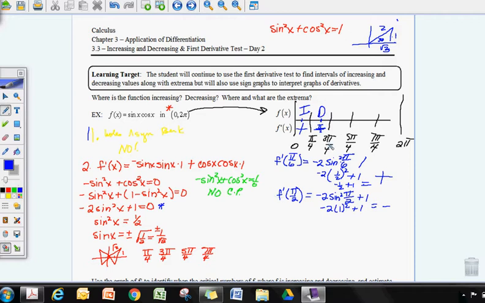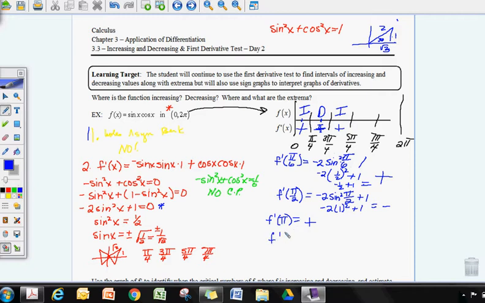So now pick a number between 3 pi over 4 and 5 pi over 4. I'd pick pi. So I would be doing f prime of pi. And again, plug it in. And at this point, I'm just going to tell you that when I pick pi, it is going to be positive when you work it out, which means that this is going to be increasing. I've got to pick another region between 5 pi over 4 and 7 pi over 4.